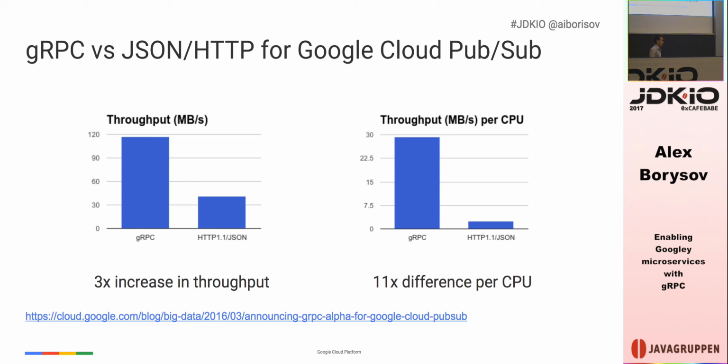Last year, they released a gRPC version of their client library. Their benchmarks demonstrated up to 11 times throughput improvement per CPU, just by switching their client library from JSON over HTTP to gRPC. You can say it's unfair to compare a binary protocol with a text protocol, and you will be right, it is unfair. But gRPC gives you this performance improvement out of the box.